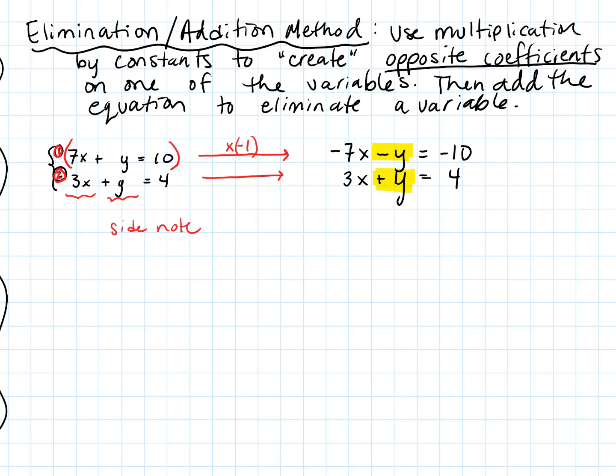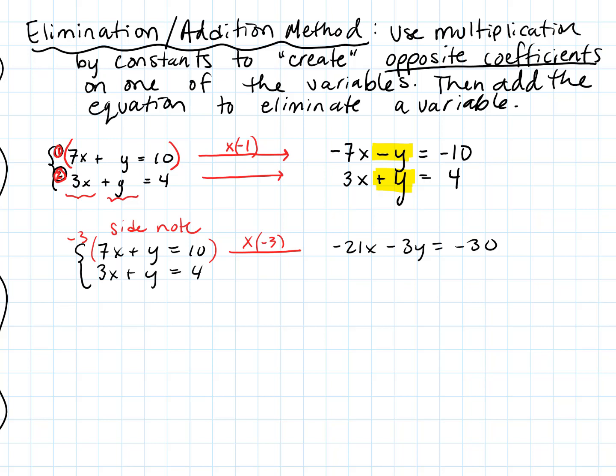What I could have done is I could have taken 7x plus y equals 10, and multiplied the entire equation by a -3. That would have created a -21x minus 3y equals -30. And then on the bottom, where we had 3x plus y equals 4, I could have multiplied that whole equation by a +7.